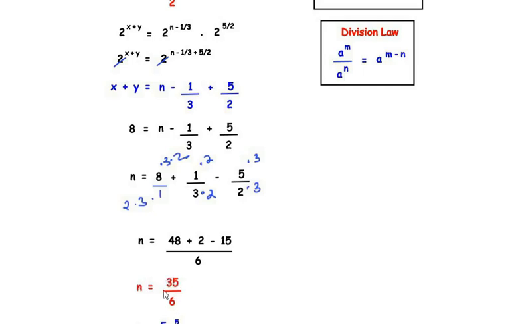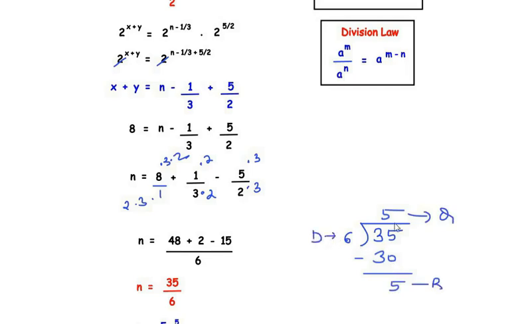And since we got an improper fraction over here, that is the numerator is bigger than the denominator, let us change this improper fraction to a mixed fraction. So we are going to divide 35 by 6. So 6 5 times gives us 30 and we are going to subtract these two numbers, giving us 35 minus 30 is 5. So this is the quotient, this is the remainder and this is the divisor.